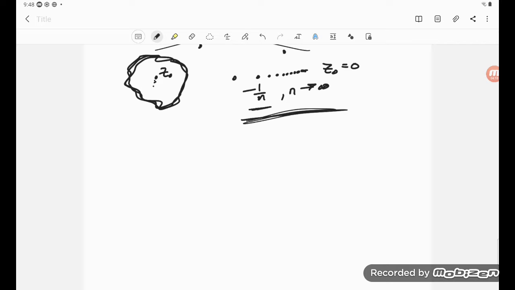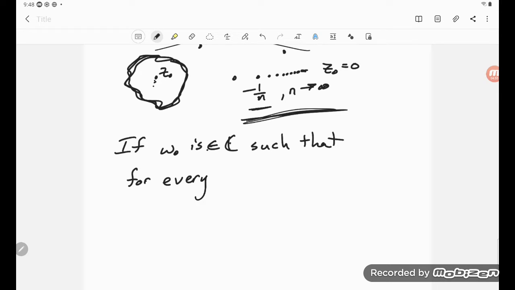And so our definition then is, if w0, or omega 0, I think they're using a w, is an element of the complex numbers such that for every epsilon greater than 0, and this is the important part, for every epsilon greater than 0.